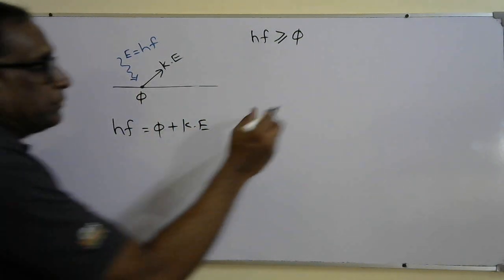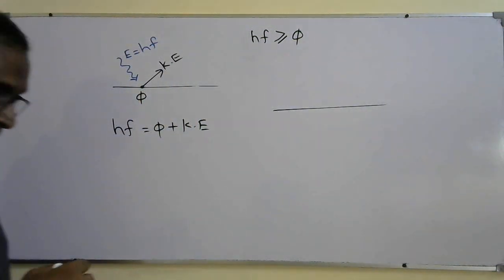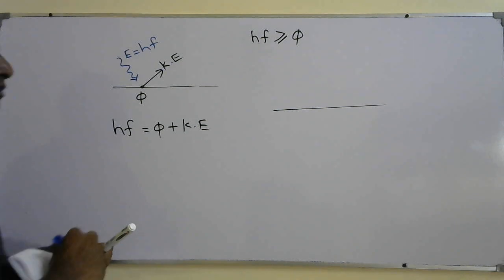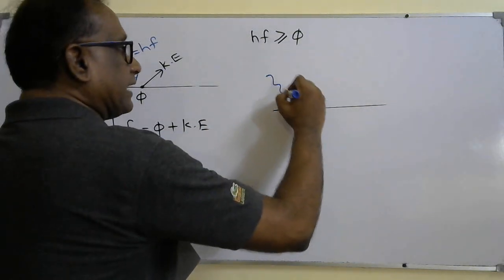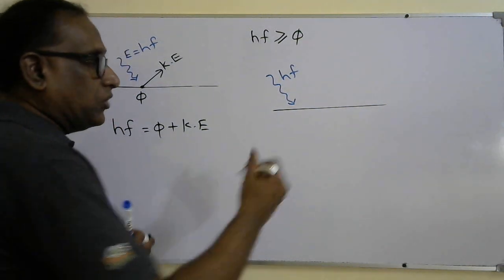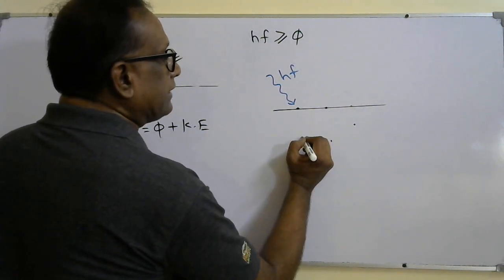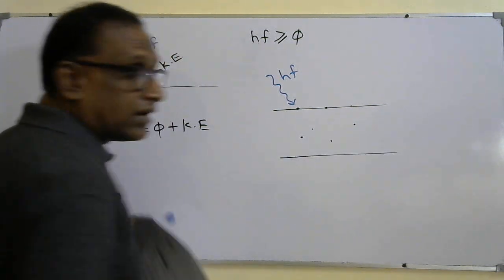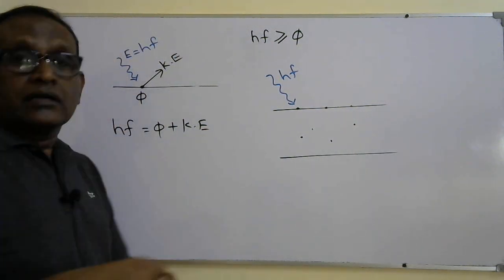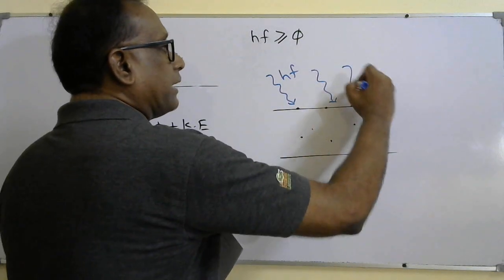Now we'll think a little practically. When we expose or irradiate a metal with a particular frequency of electromagnetic radiation, hf, there are many delocalized electrons on the surface, in the inner part, everywhere. So imagine many different photons are falling on the metal.